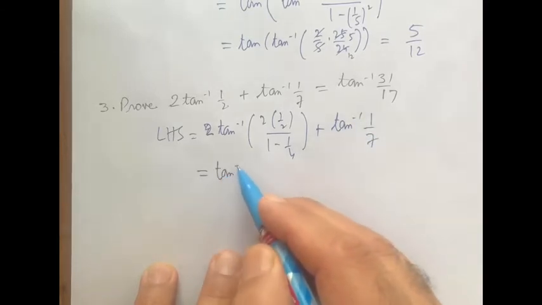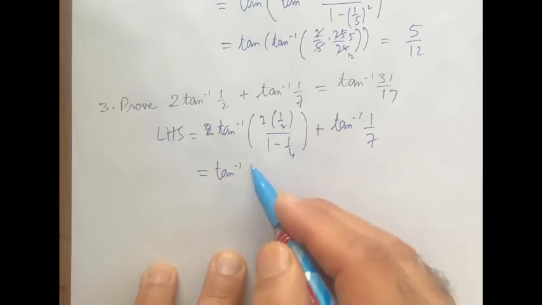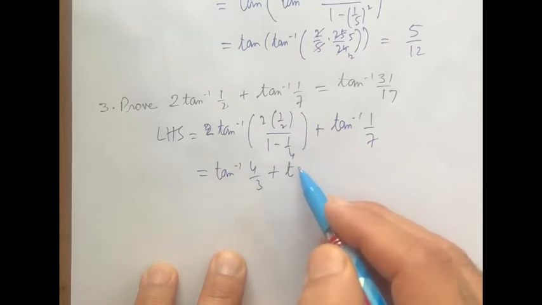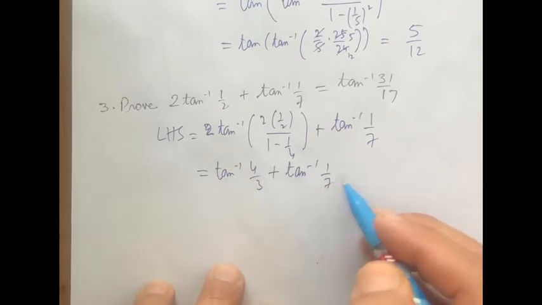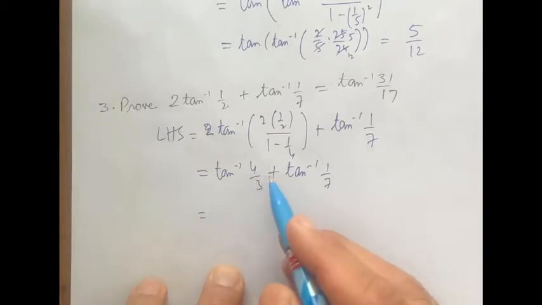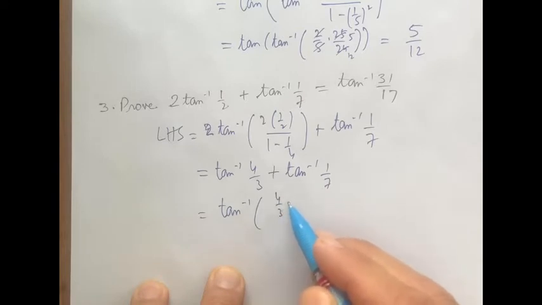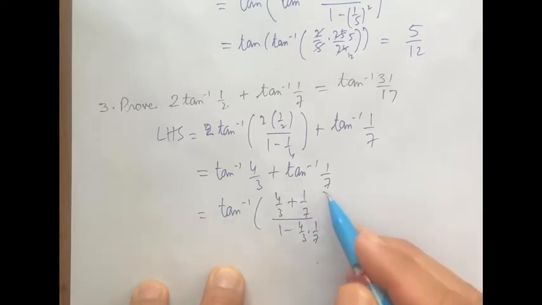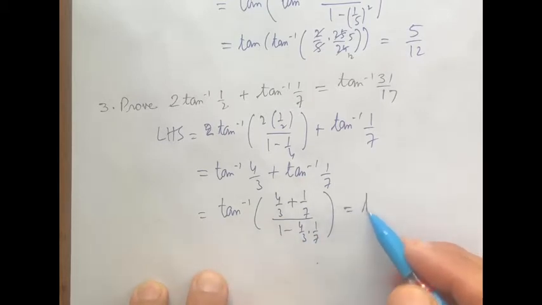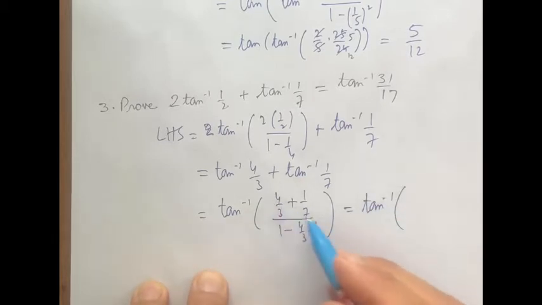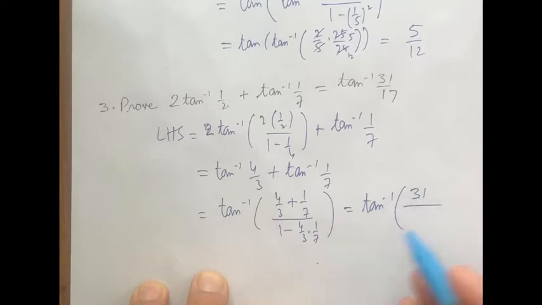It's tan inverse of 4 by 3 plus tan inverse of 1 by 7. Applying the formula for tan inverse of x plus tan inverse of y, this is tan inverse of x plus y upon 1 minus x into y. This is tan inverse of 28 plus 3, this is 31, 21 minus 4, this is 17. This is same as the right hand side. So this is how we prove it.